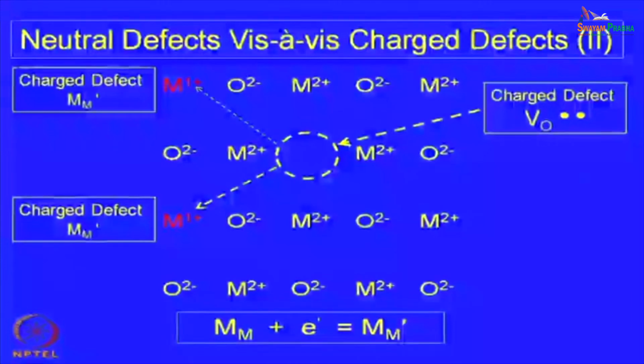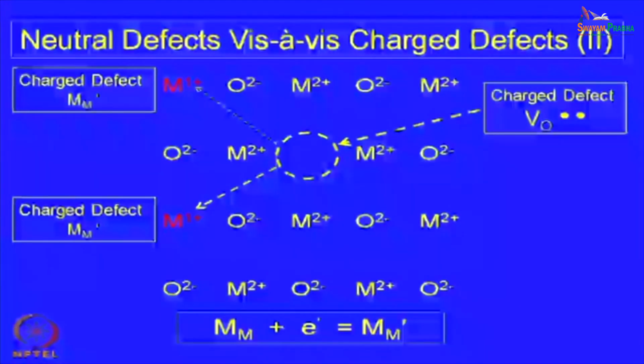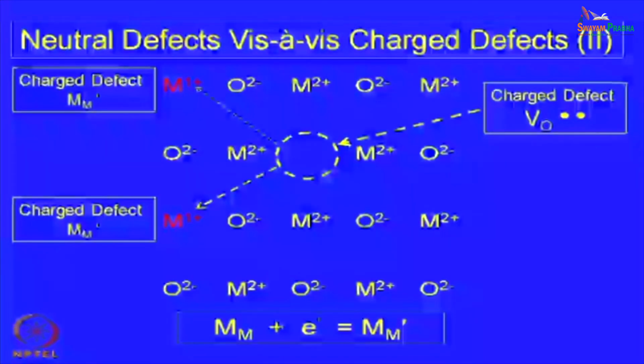As a consequence, this has released two electrons to the system, and when it adds to the M2 plus, the M becomes M plus 1, instead of plus 2 it has become plus 1, because one negative charge has been added and that particular metal is capable of changing its valency from plus 2 to plus 1.